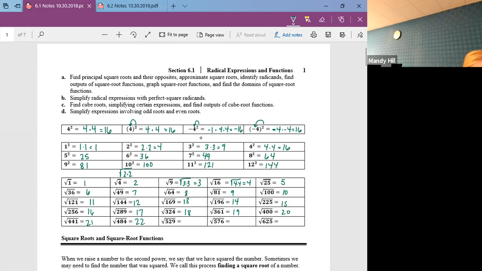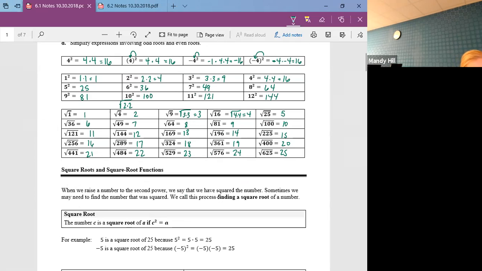Now, one thing I do want to point out to you, and we'll probably talk about this again, is the fact that if this has a positive answer, they also have negative answers. If I want to look at the square root of 4, there's 2 ways I can think about that.